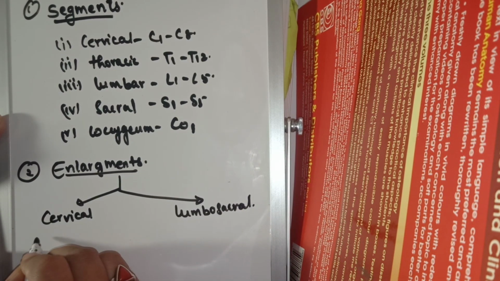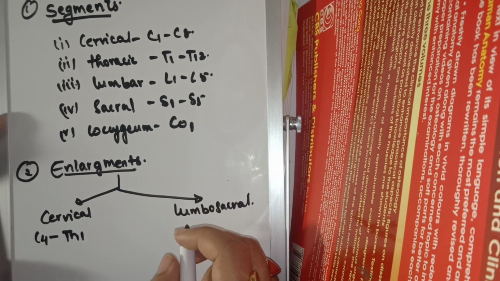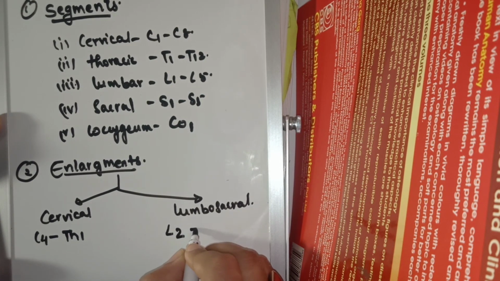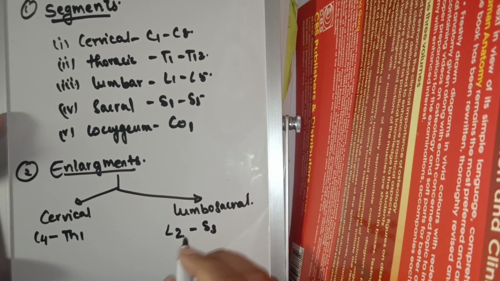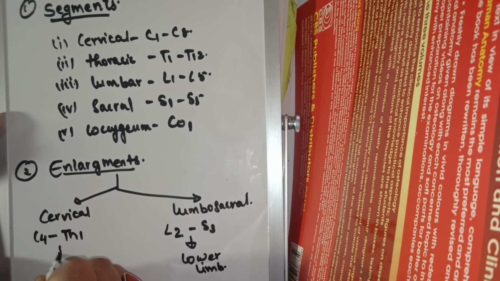Cervical starts from C4 to thoracic 1, and lumbosacral starts from lumbar 2 to sacral 3. As by the name you can see, lumbosacral is responsible for the supply of the lower limb, and by the name of the cervical you get to know that it supplies the upper limb.